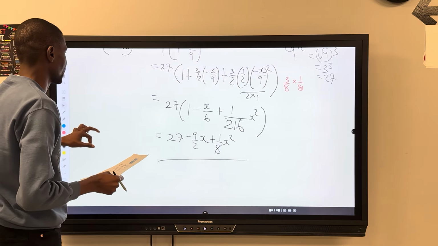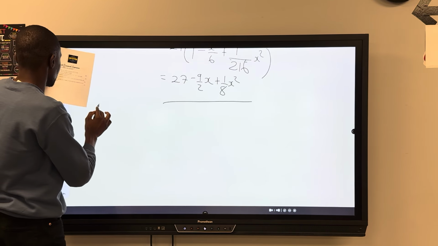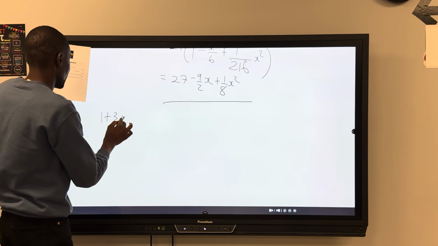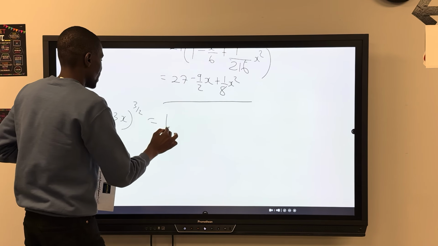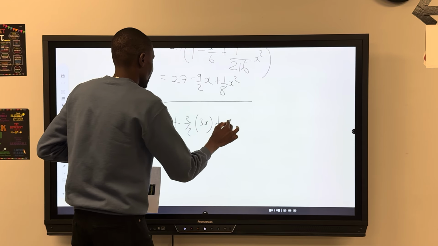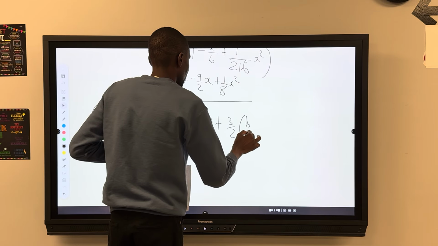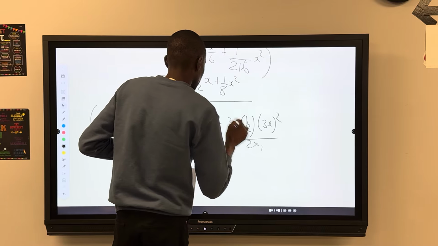Then the second one is more direct. The second one is just 1 plus 3x to the 3 over 2. So it's just 1 plus nx plus n(n minus 1)x squared over 2 factorial.